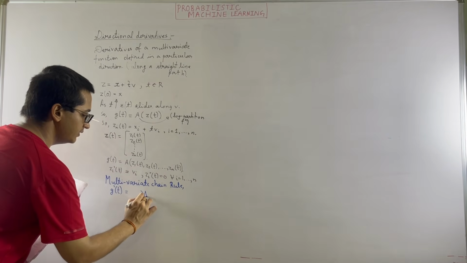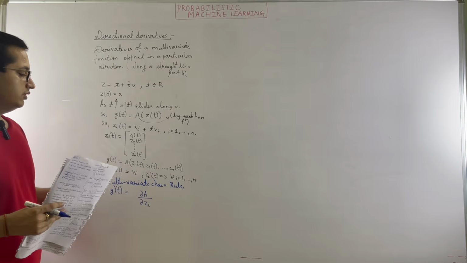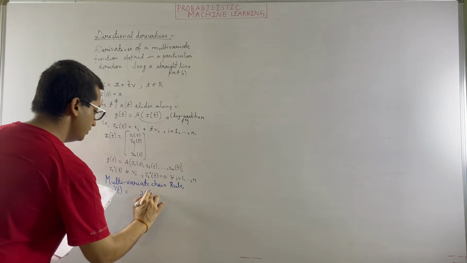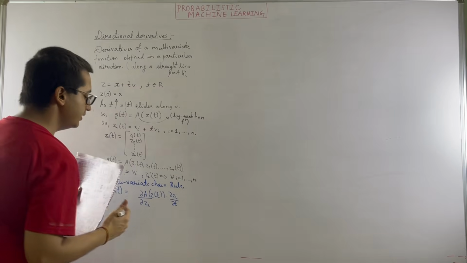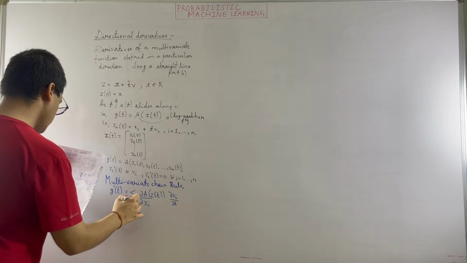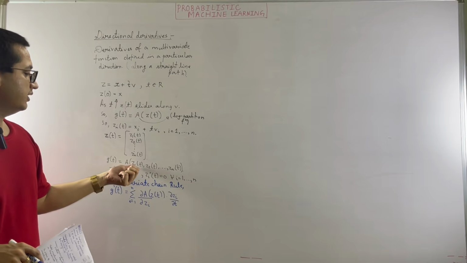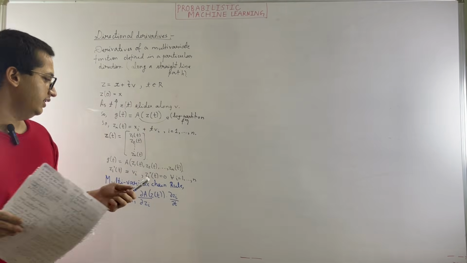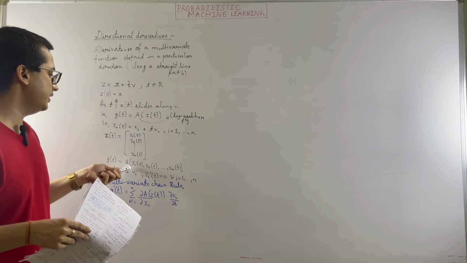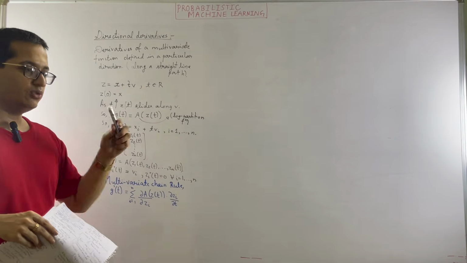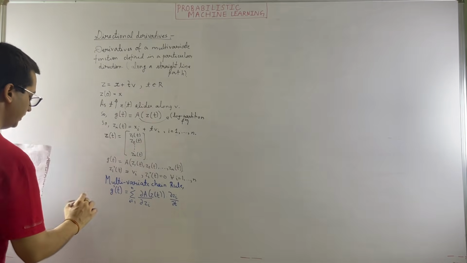First I take the derivative of the log partition function with respect to all zi's, and then zi with respect to t for all zi's. The logic is that since A is a function of all z's, if I wiggle my t, each of the individual z's will change. And then I have to define the partial derivative of A with respect to the zi's as well, and those zi's are also affected by t. So let me just write an intuitive explanation.